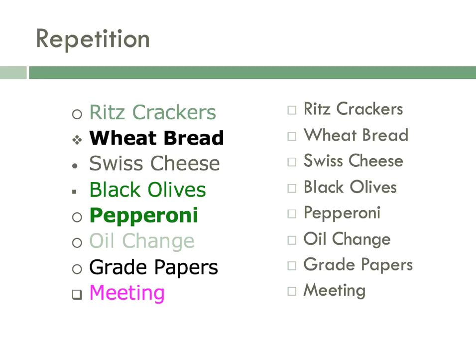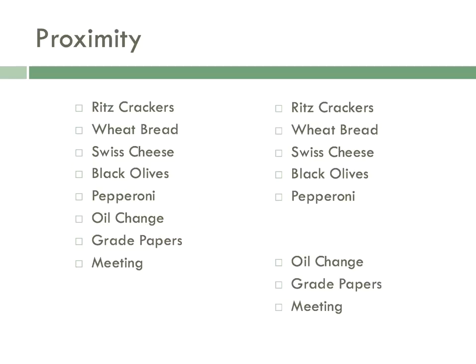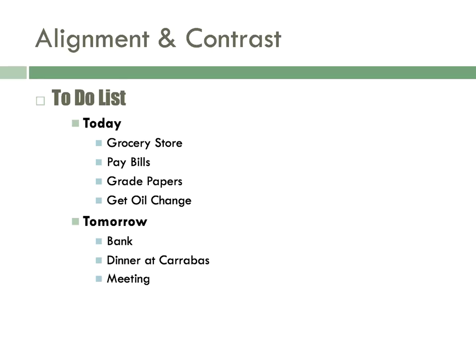So giving it all the same formatting and all the same bullet point or checklist boxes. Then if we add proximity to this, we can break it into two sections and makes it easy to understand where one list ends and the next one begins. Then if we add alignment and contrast to this, we can see that there are things to do on one day and things to do on a second day.